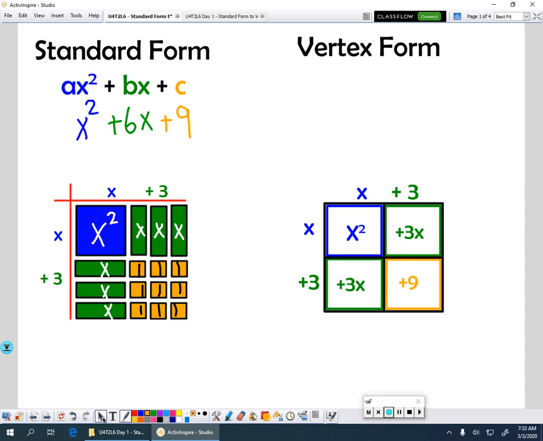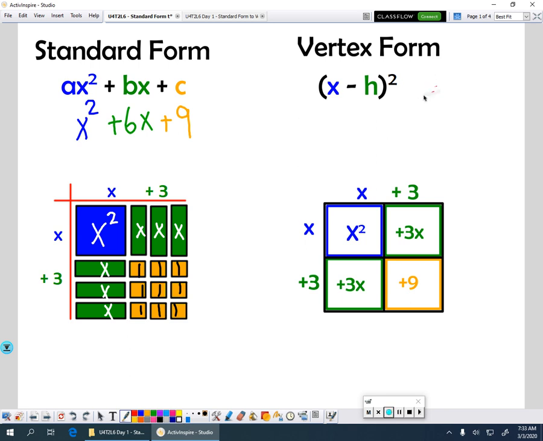My vertex form is going to be looking at what's around the outside of our box. So we're looking at our length times our width. Our vertex form looks like this, and if you remember, it has an a value in front. For all of the problems that we're looking at, our a value right now is 1, so we're not going to include that in our vertex form. And also, because we're talking about a perfect square, we don't need this plus k on the end.